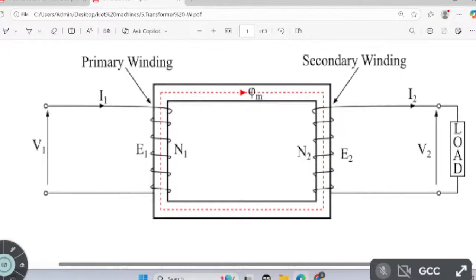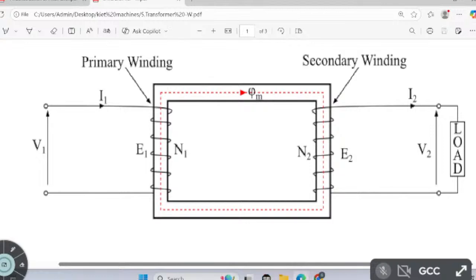If V1 is less and V2 is more, for example input is only 100 volts and output is more than 100, it is a step up transformer. In a mobile charger we have a step down transformer. It decreases the level of voltage. Input voltage is more, secondary output voltage is less. That is the main function.